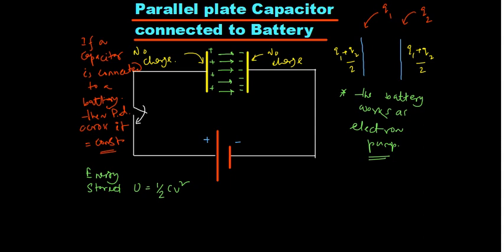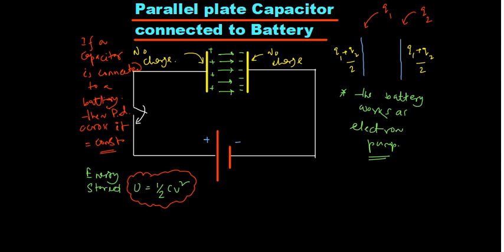Anyway, here the energy stored is equal to half CV square. So remember, whenever a capacitor is connected to a battery, we will use this energy equation, and if the capacitor is not connected to the battery, that means charge is constant, so we will use Q square by 2C. These two equations are different, hence you have to remember them that way only.